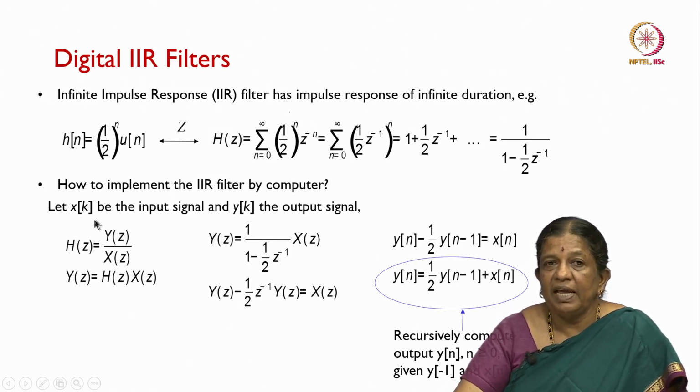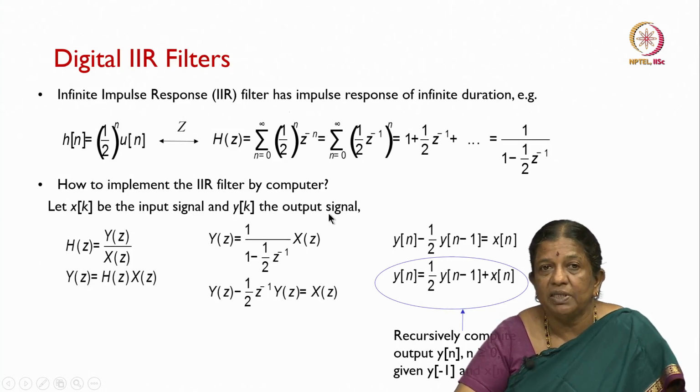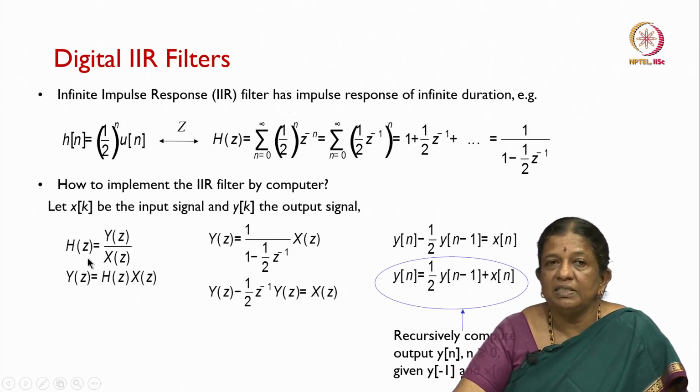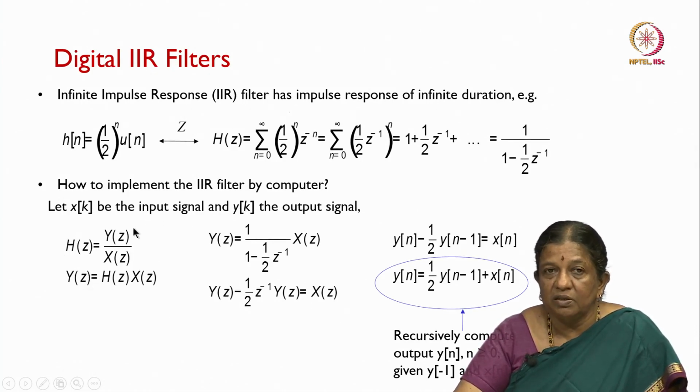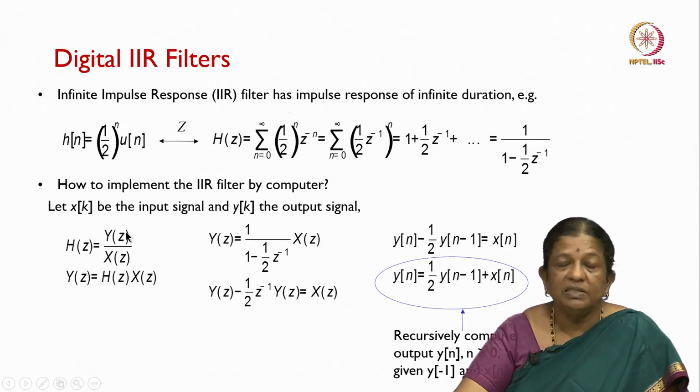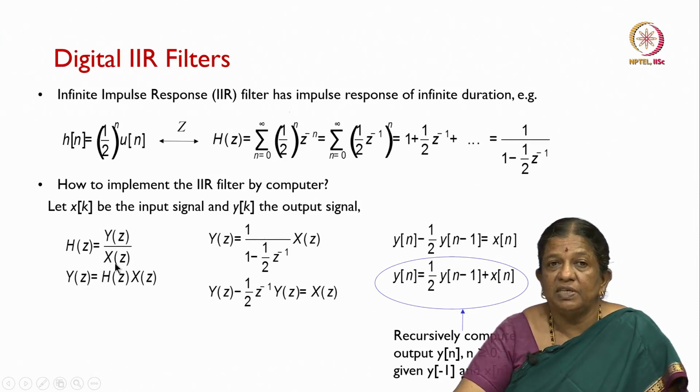So, we say let x of k be the input signal and y of k be the output signal. Their z domain representations are going to be y of z for our output and x of z for the input. Then the impulse response h of z in the z domain is represented as y of z by x of z.